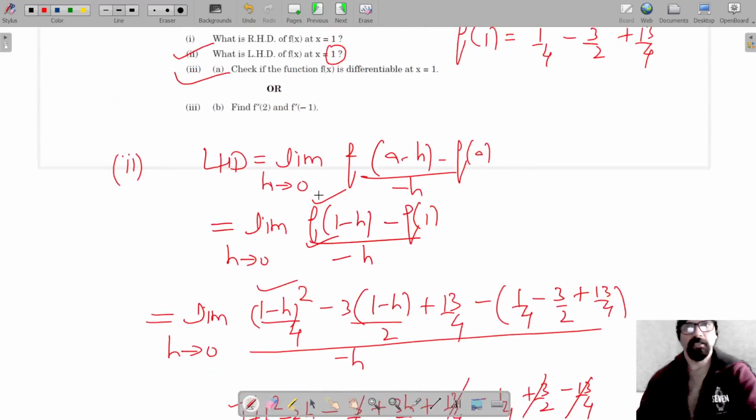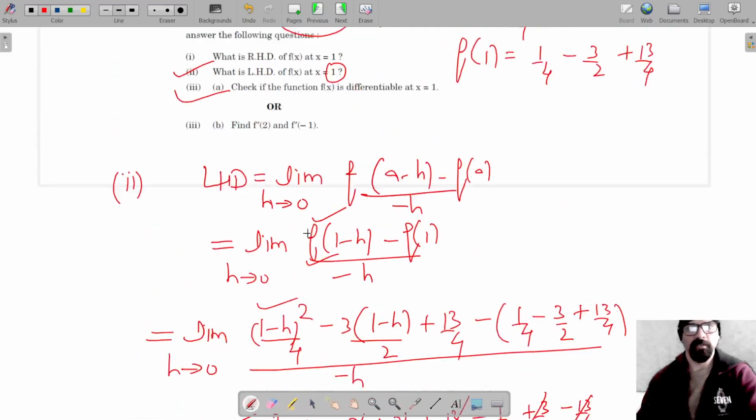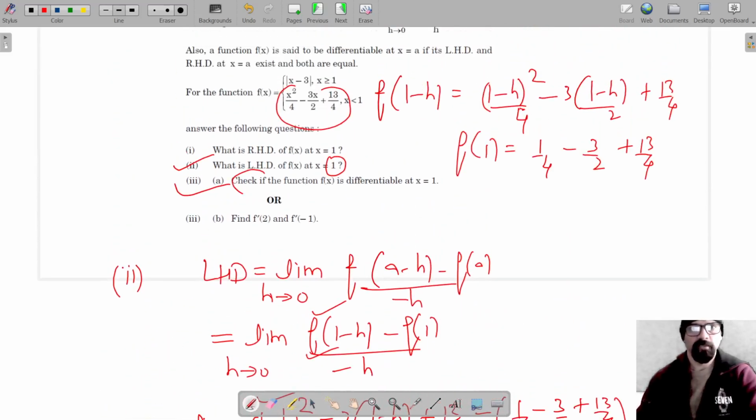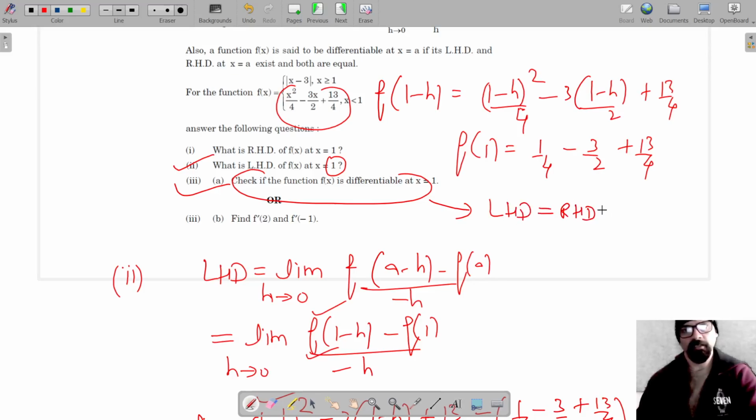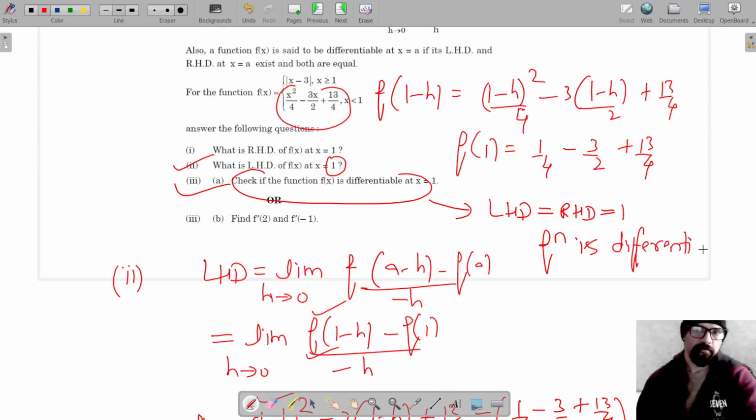We have got the left hand derivative and the right hand derivative. So for this, we can write that left hand derivative is equal to right hand derivative is equal to negative 1. So that means the function is differentiable at x is equal to 1.